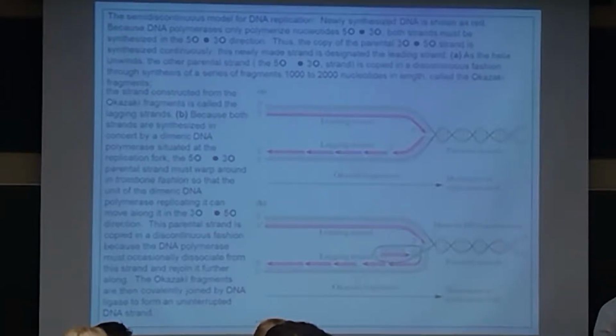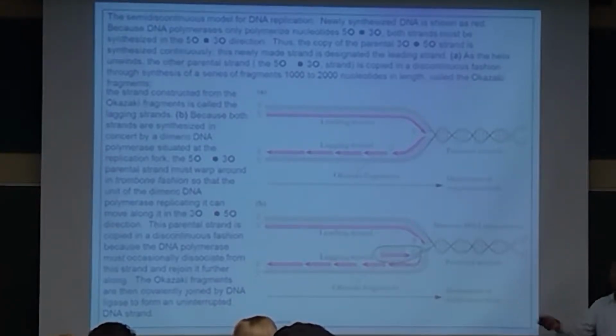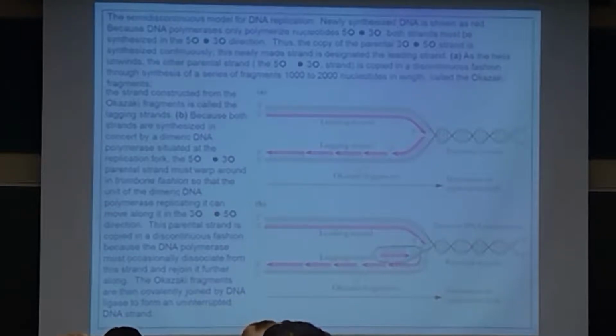Is it 5' to 3' or 3' to 5'? 5' to 3', because your primer is at the 5' end of the Okazaki fragment, correct? And this primer is an RNA primer. The RNA primer is supplied by the primase, correct? So you need to degrade this RNA primer by 5' to 3' exonuclease activity.